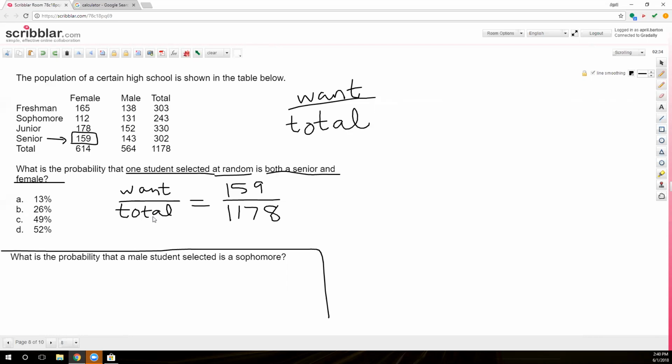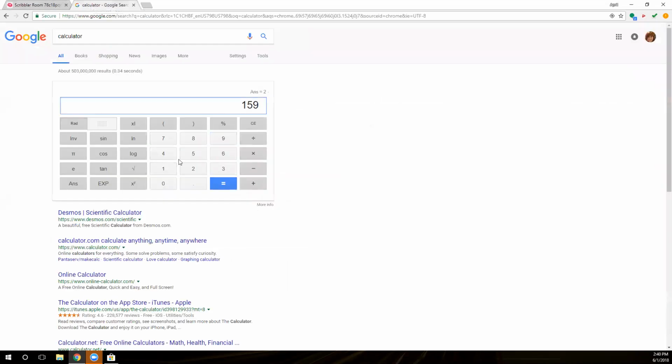Good. 13% is correct. And if we plug it in, 159 divided by 1178 times 100 gives us that 13.